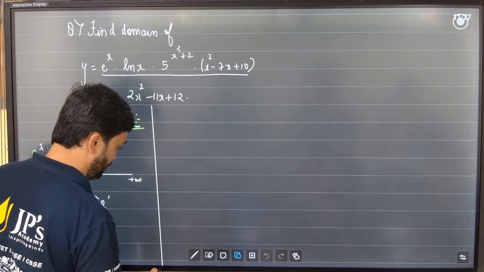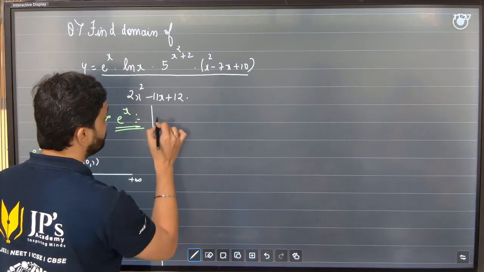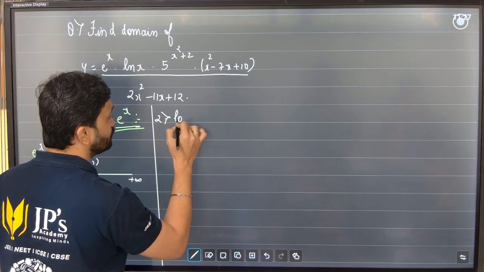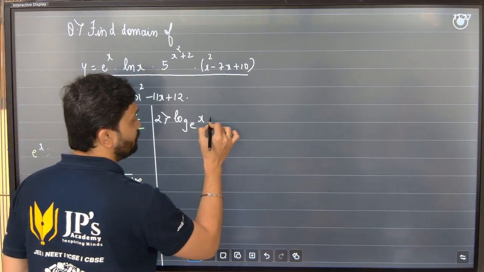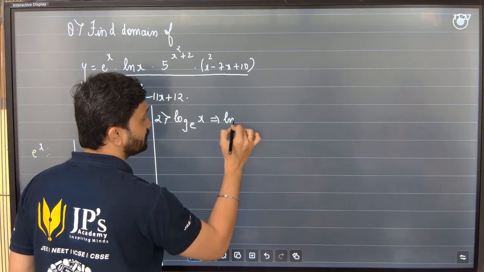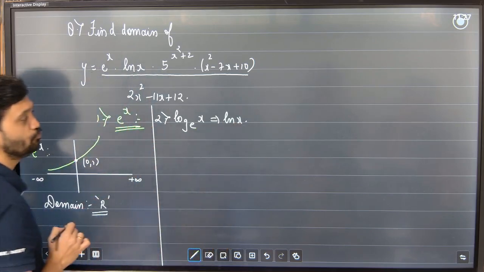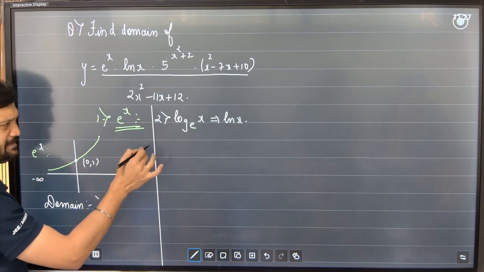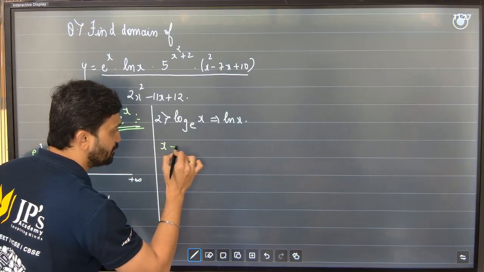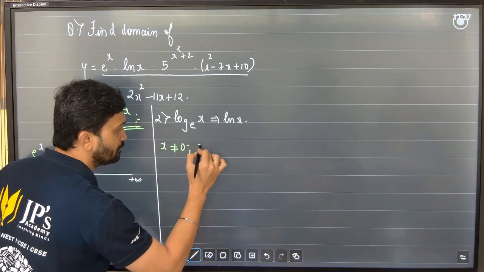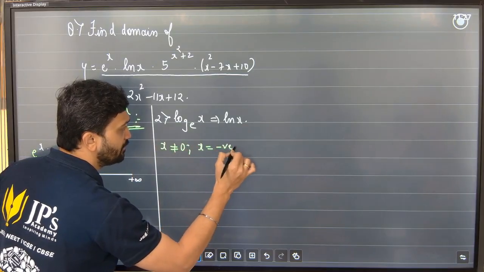This is the first part. Then comes ln. Now let me tell this to you. Whenever you have log x to the base e, we write it as ln x. Now some rules about log to the base e, or any base. First, x will not be equal to 0 and x will never be negative.